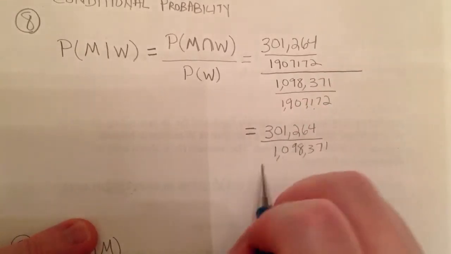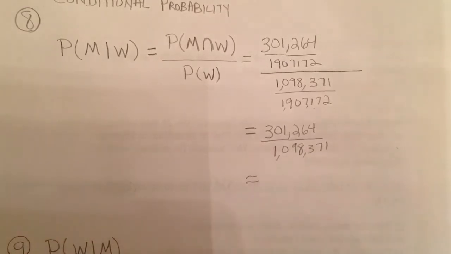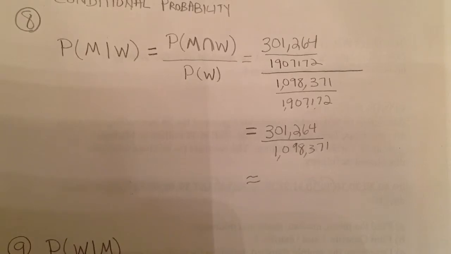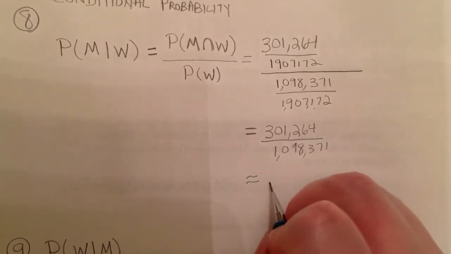Expressed as a decimal, this would be about 0.274, about 27.4%.